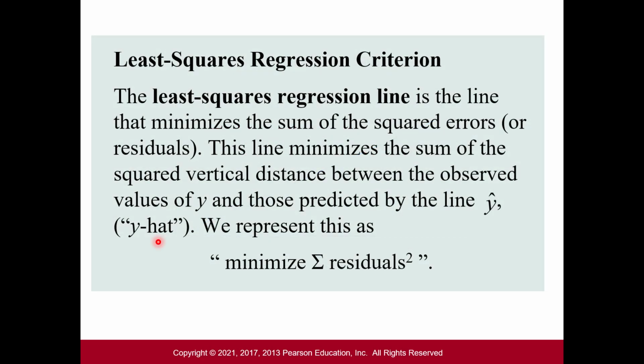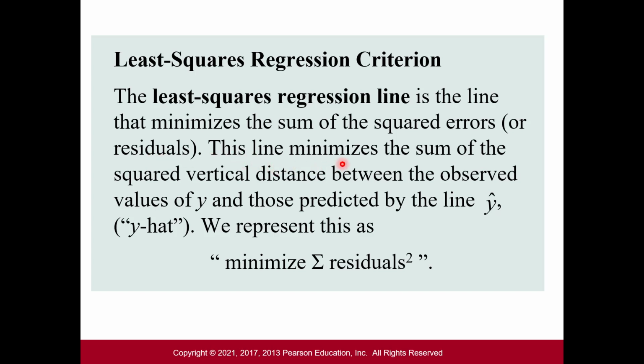One of the methods to do this is called the method of least squares. The least squares regression line is the line that minimizes the sum of the squared errors or residuals. Basically, how small can we get those residuals to be? That's what we're looking for, and the line that makes that happen for all of our data points, or as many as possible.